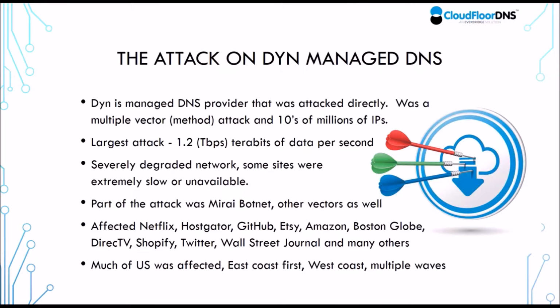Some of the sites that were affected include Netflix, HostGator, GitHub, Etsy, Amazon, DirecTV, Shopify, Twitter, Wall Street Journal, and many others. There's a very large list of affected sites. And as I said before, much of the U.S. was affected. East Coast was affected first early in the morning, and then the West Coast was hit, and it was in multiple waves and lasted several hours.